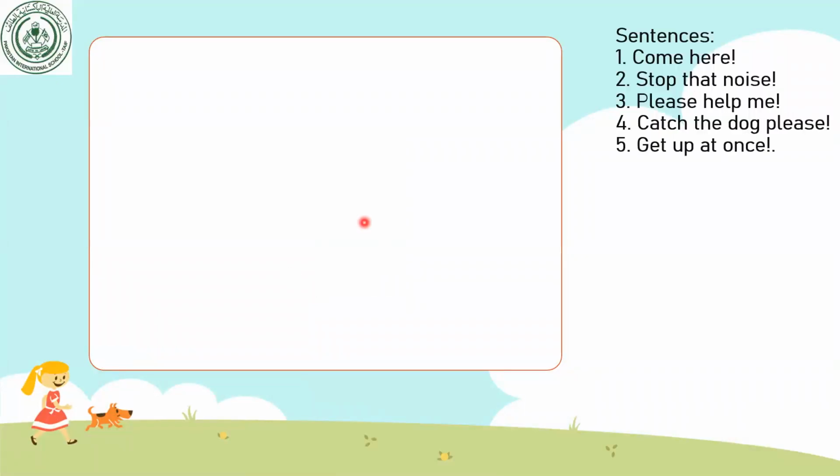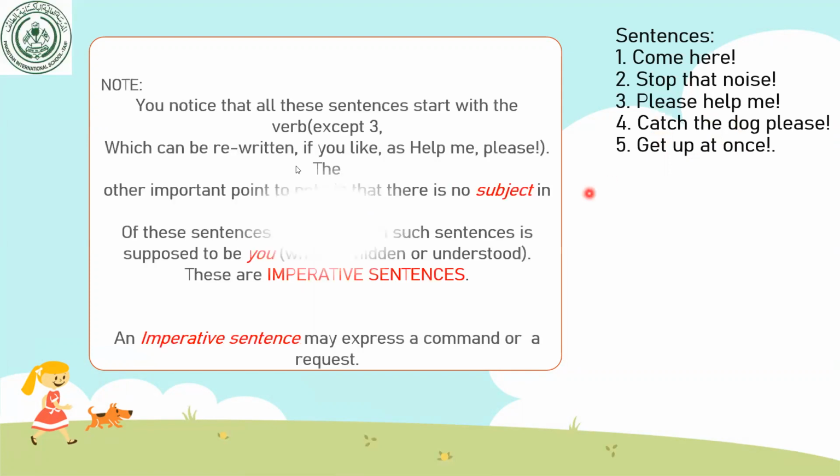Now I have written the same sentences here. Come here, stop that noise, please help me, catch the dog, please, get up at once. Dear students, now note that you will notice that all these sentences start with the verb, except number 3.